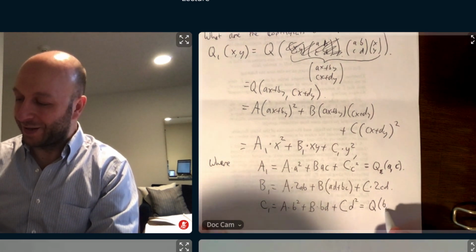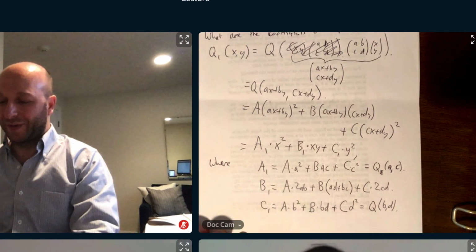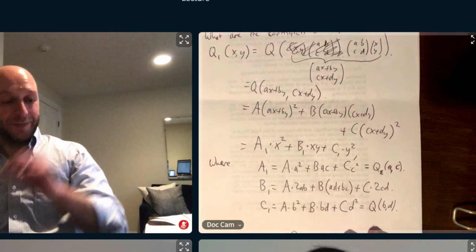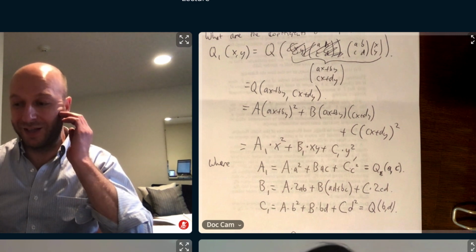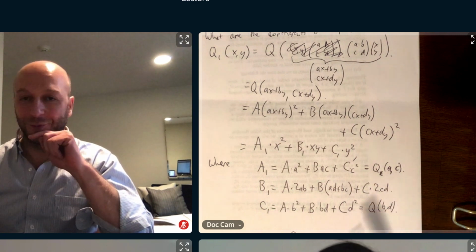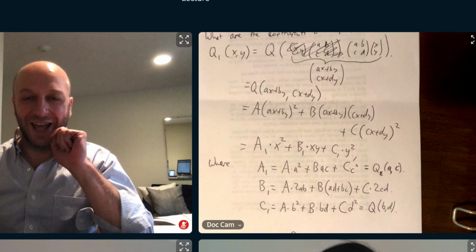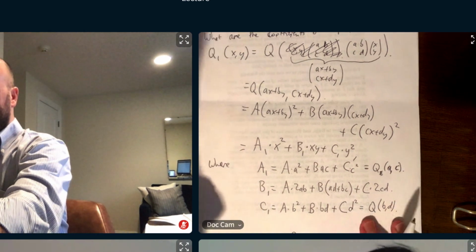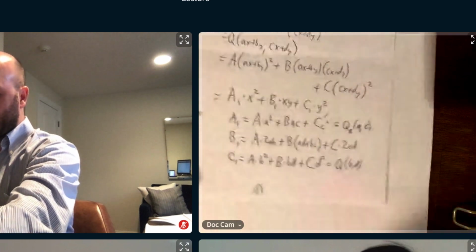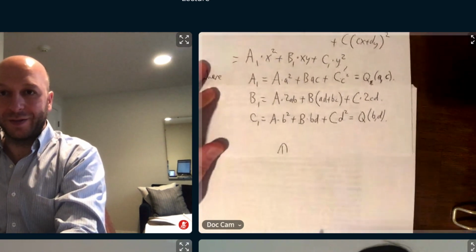Okay, does everybody see that? Now what I said last time is that there's some kind of interesting duality between changing the inputs X and Y and changing the quadratic form itself. So let me just say that again. I want to leave this visible here.